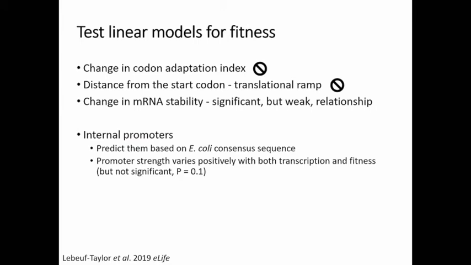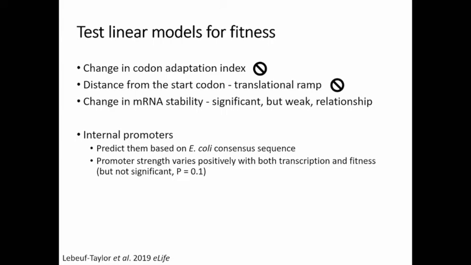So we did identify a bunch of promoters through this approach, and then we tried to look at the change in the promoter away from the optimal consensus sequence to see whether or not those changes might correlate with fitness. There seems to be a positive relationship between predicted promoter strength and both expression at the transcription level and fitness measures, but it's not a significant effect.